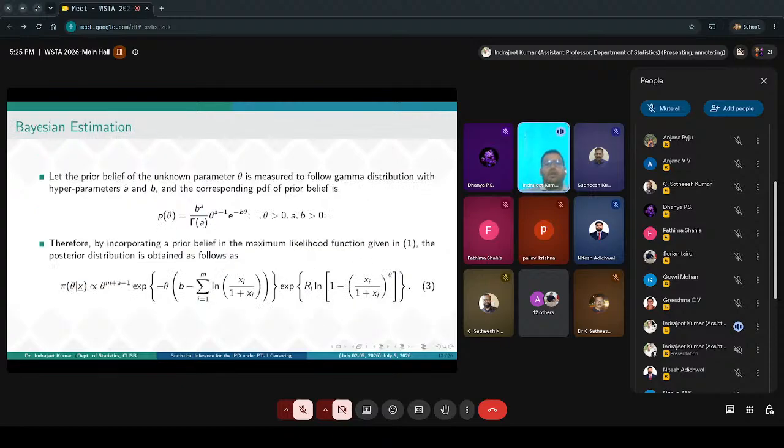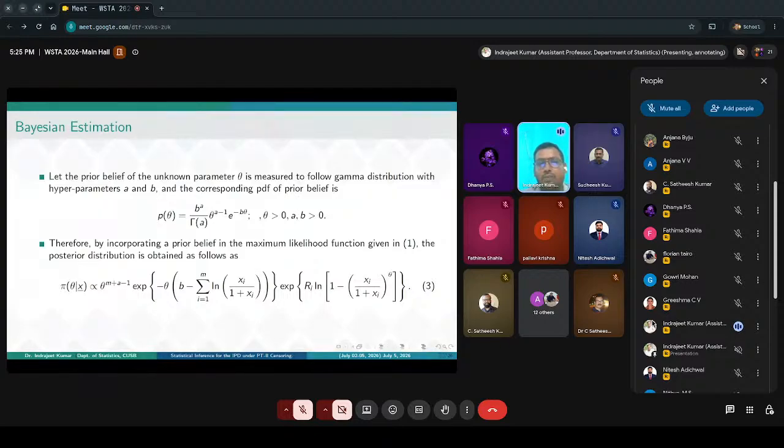In this work, I have used two estimation techniques: classical maximum likelihood estimation and Bayesian estimation. Bayesian estimation refers to when we have prior information about the parameter. If we do not have it, we can use the maximum likelihood or classical approach.